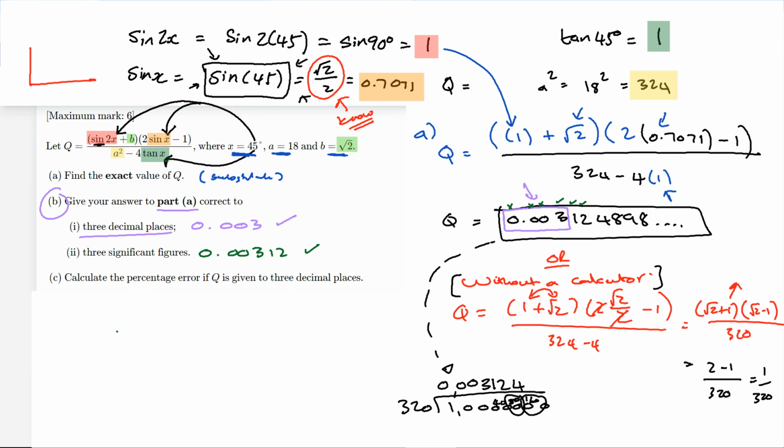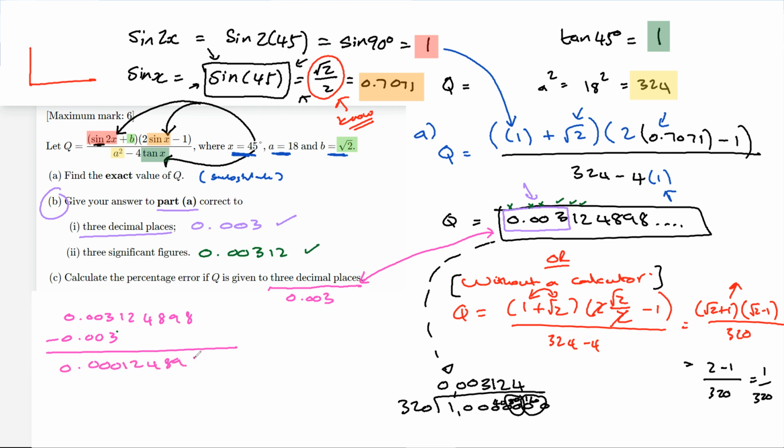So the percentage error is calculated by taking the 0.003, which is what I get when I round to three decimal places, because it says three decimal places, and subtracting it from that number there. If I take 0.003124898 and I minus 0.003, I'm going to be left with 0.000124898.